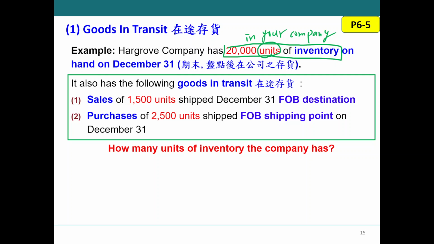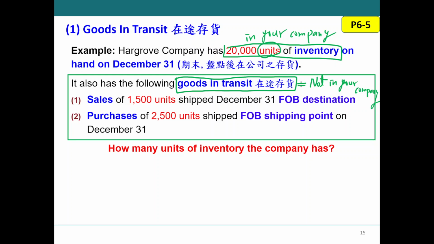So two situations. They are goods in transit. They are on the way, not in your company. We want to figure out is it yours or is it not yours.